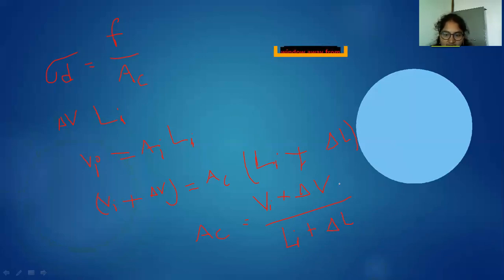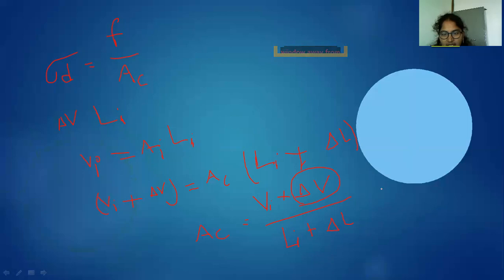So in this case, an undrained test of a saturated soil specimen, we can assume delta V, the change in volume, is equal to 0. So the equation changes: Vi, initial volume, is equal to Ai into Li.